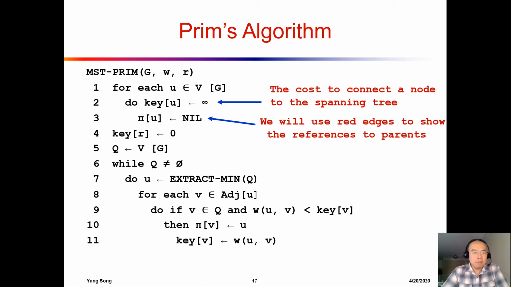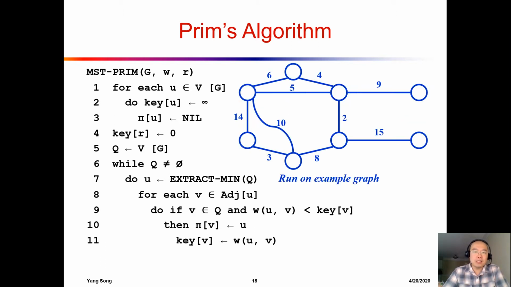Before I read the code line by line to you, let's just use this as an example. We want to generate the MST using this graph, and we have to specify where we want to start.